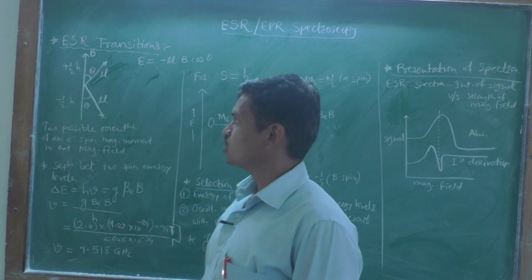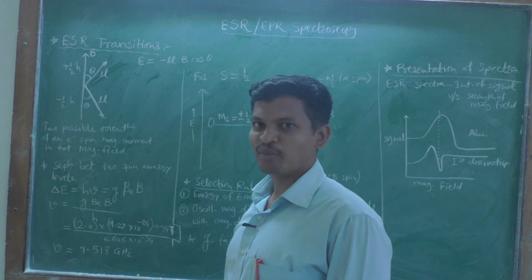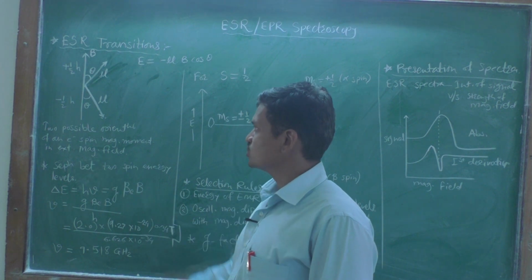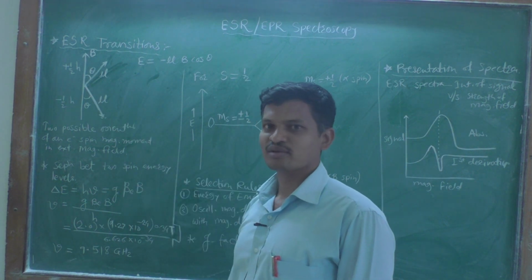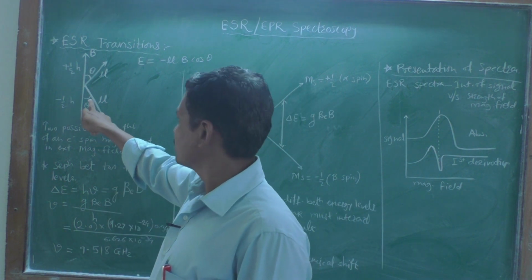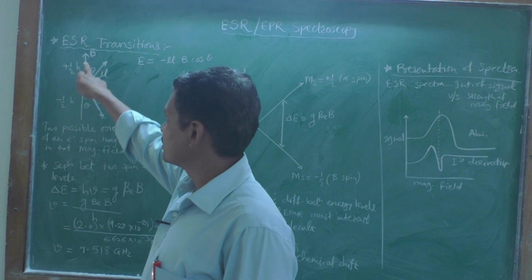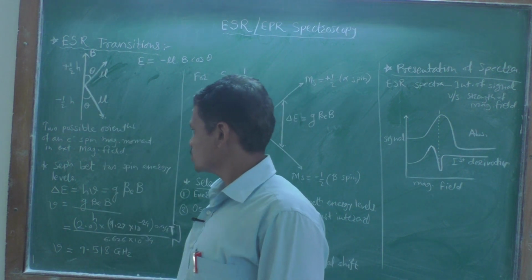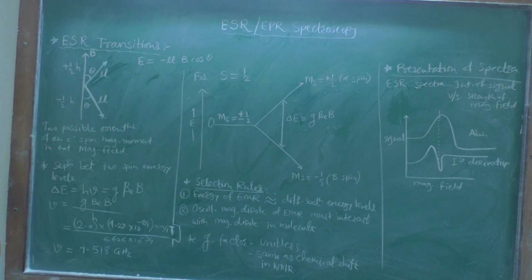This is the situation of the magnetic moments of the electron in the applied magnetic field. Theta is the angle between the magnetic moment mu and the direction of the applied magnetic field B.